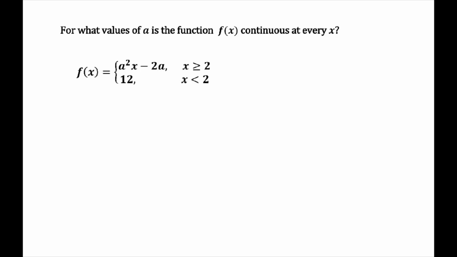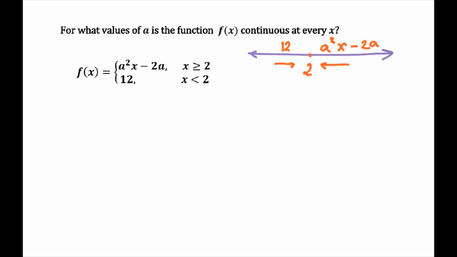Okay. So one more time, we need to find the values of a if f(x) is continuous. So we're going to again look at 2. From the left side of 2, we are using less than 2, we are using 12. Greater than or equal to 2, we are using a squared x minus 2a.